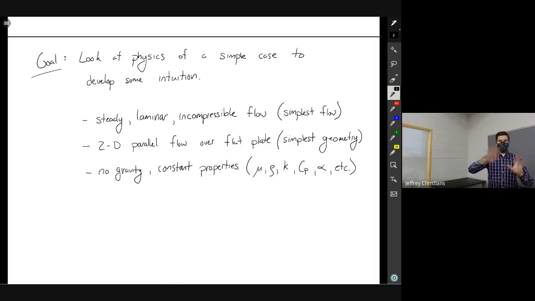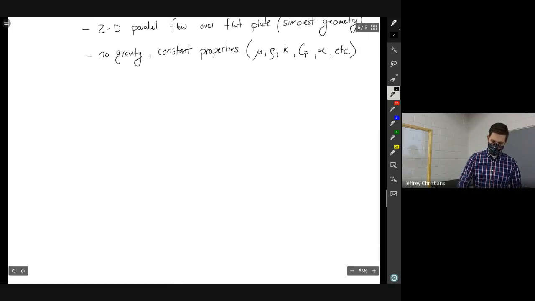We're going to forget about all of that. So this is like, let's take real life and simplify it down to the most basic possible case. Turns out that's even pretty hard to actually solve. But it'll give us some insight into more complicated things that I think is really instructive.